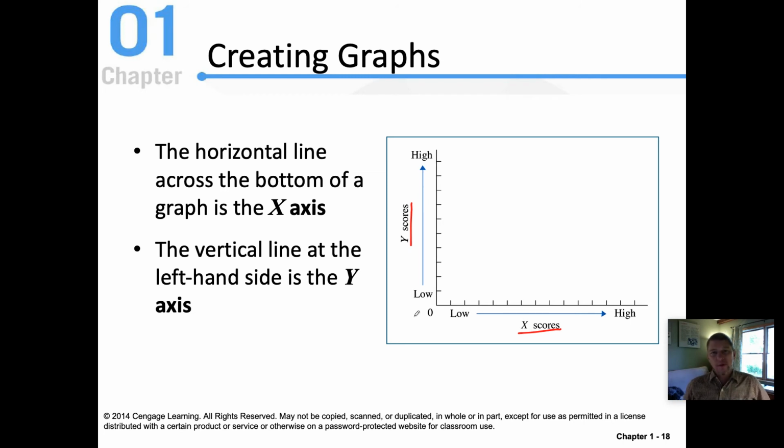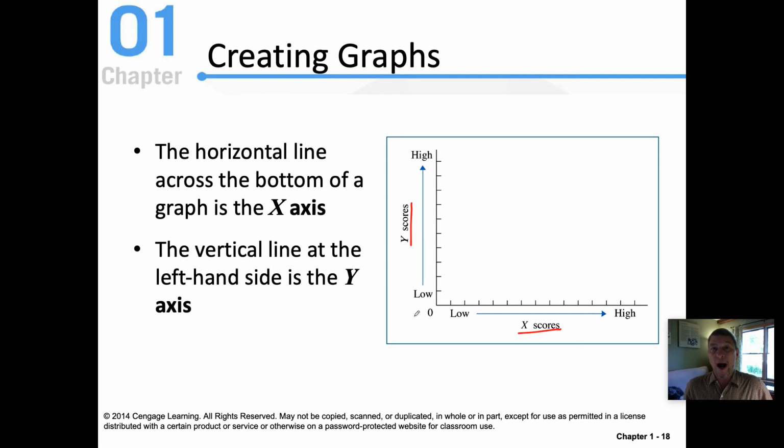Now, a couple other things that you should know about graphs are that the X scores are generally what we call the independent variables. They are the numbers that we are given or that we work with. The Y scores are the results, the measurements that we make on each of the numbers in the X axis, and so they are the dependent variables.